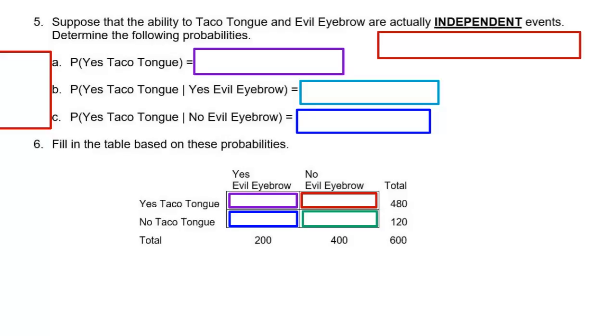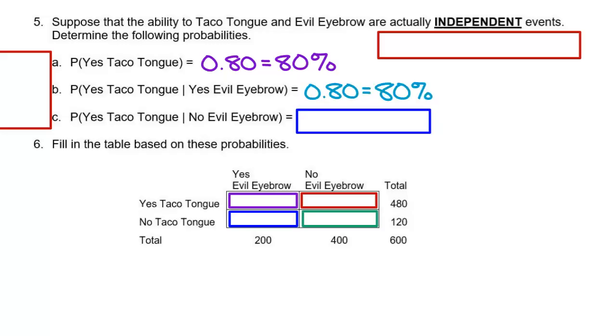Suppose, imagine with me for a moment, that taco tongue and evil eyebrow actually are independent events. What was our probability of yes taco tongue? 80%. If these events really are independent, what would the probability for part B be? 80%. What about for part C? That would also be 80%.